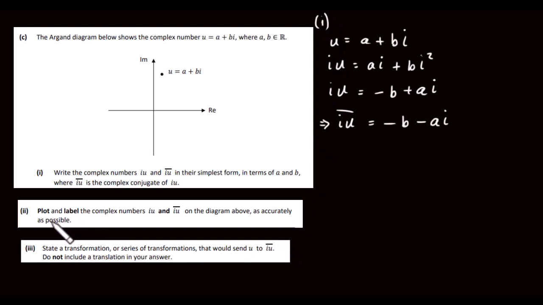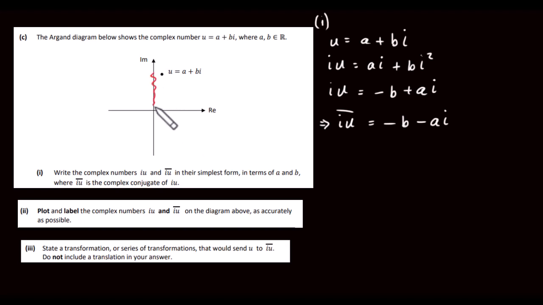Part 2 then says plot and label the complex numbers iu and the conjugate of iu on the diagram above as accurately as possible. Okay, so let's do that. So we have iu is equal to minus b plus ai. Now this here is a, which means we go out as far as here a, and then we go up as far as here b.